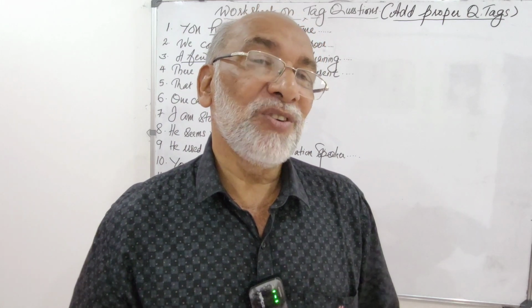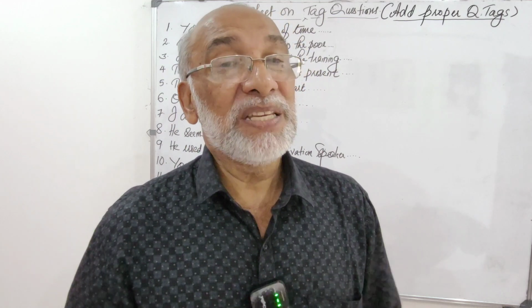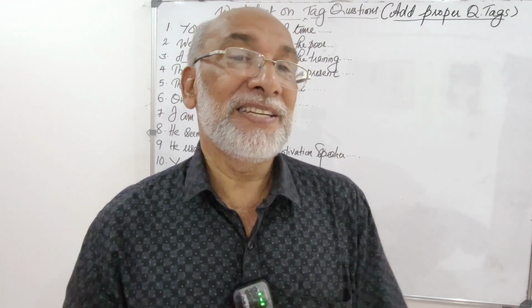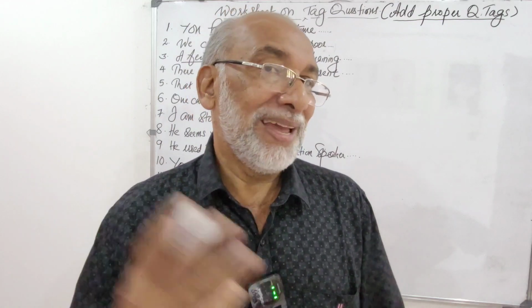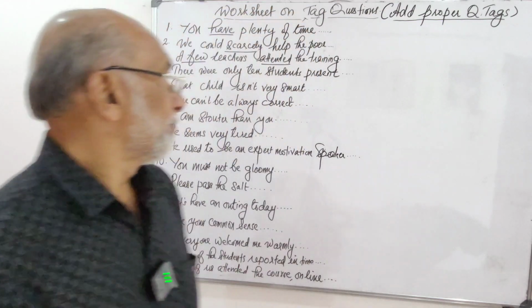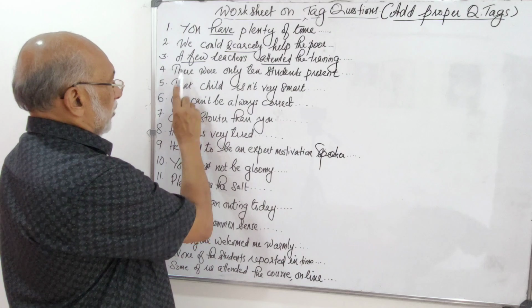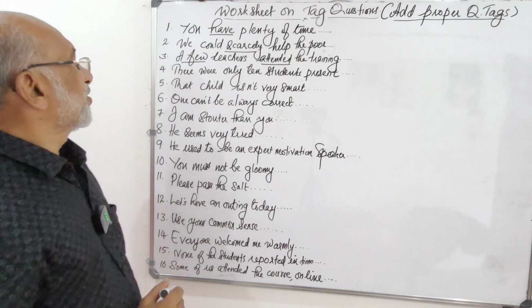If it is did, that means past tense, then you have to add the tag with did. If it is does, that means third person singular and present tense, then you may have to use does. If there is an auxiliary verb, of course, you can use that to attach the tag. So, a few teachers attended the training.